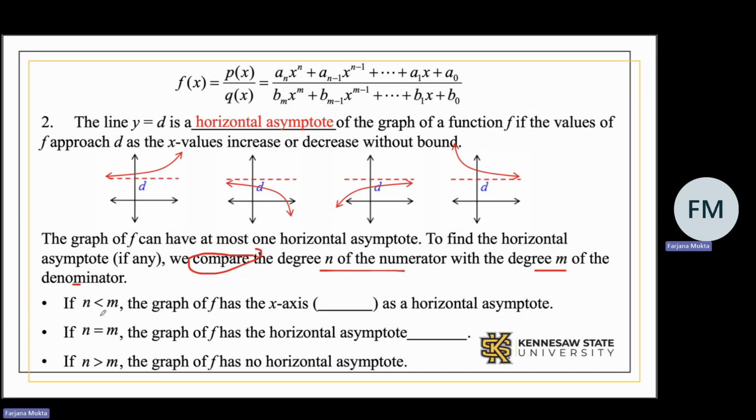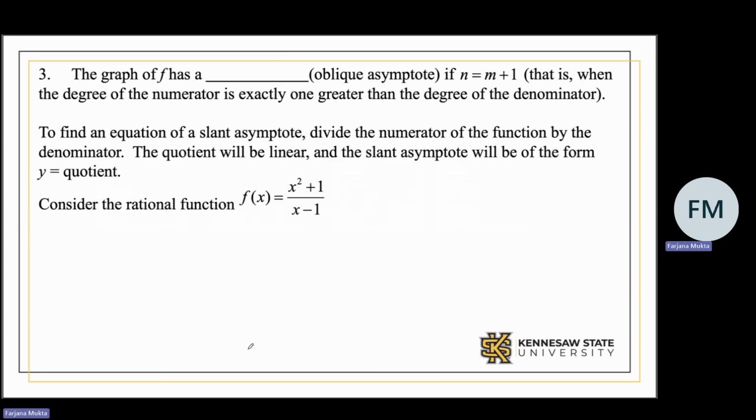If the degree of the numerator is smaller than the degree of the denominator, then f has a horizontal asymptote y equals 0. If the degree of the denominator is equal to the degree of the numerator, then the horizontal asymptote is the ratio between the leading coefficients of the function. If the degree of the numerator is higher than the degree of the denominator, then the graph has no horizontal asymptote. Okay.